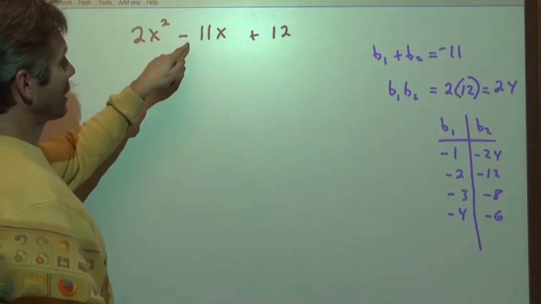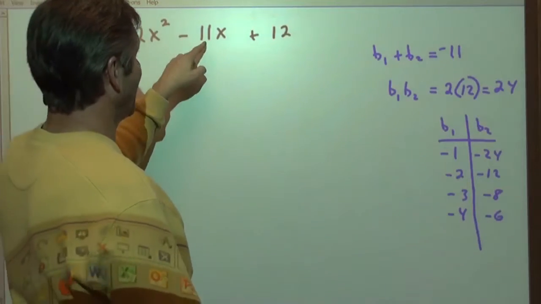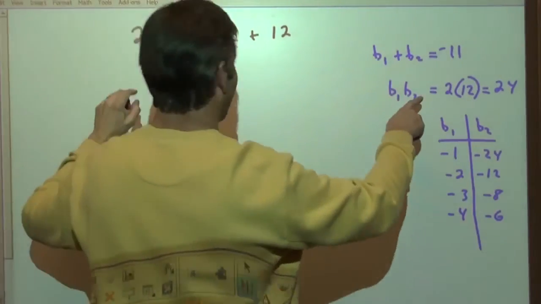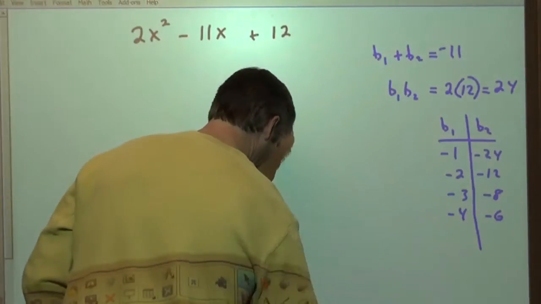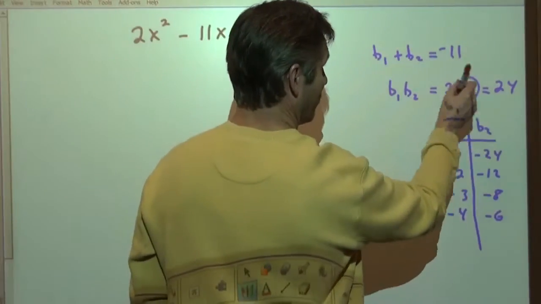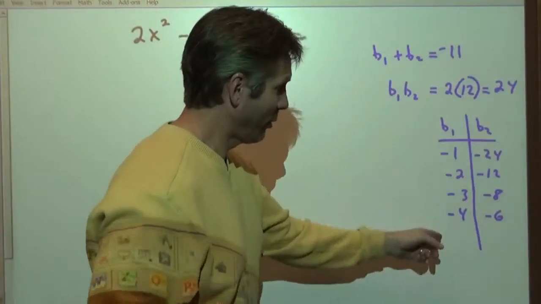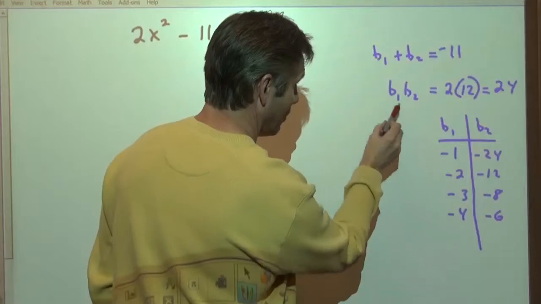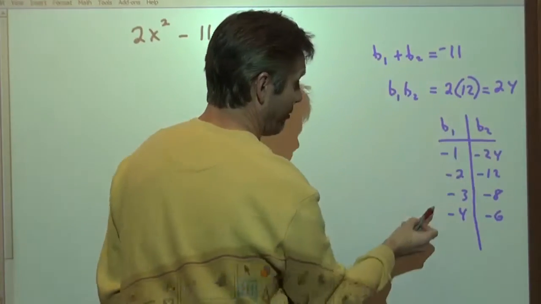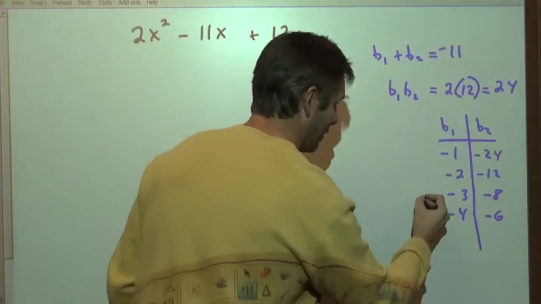We need two linear coefficients that add to a negative 11, but they multiply to a times c, which is 24. Well, when two numbers multiply to a positive, but they add to a negative, both those values are going to be negative. So, which of these multipliers, these factors of 24, will also add to negative 11?